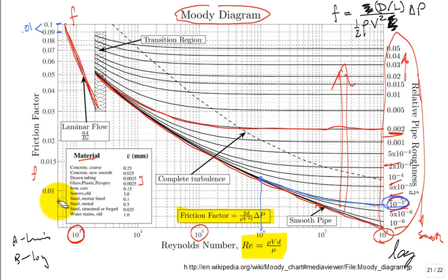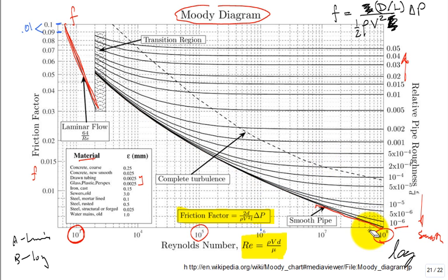Okay? All right. So that's all of these curves. It can be overwhelming. But there's one other curve that's a little challenging to understand. It's this dashed curve. And what happens to each of these curves, let's say this one for the relative roughness of 0.002, to the right of the dashed curve versus to the left of the dashed curve.